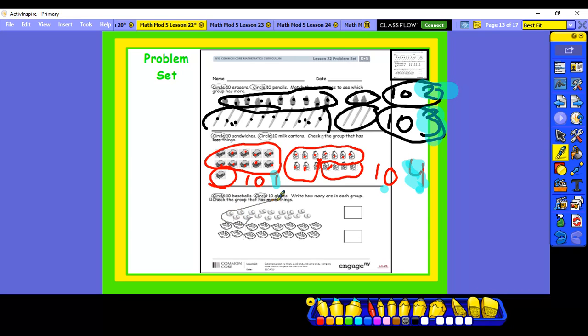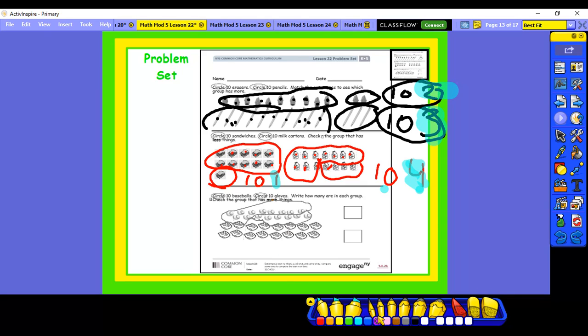I have a group of 10 baseballs and some leftovers. Oops, gotta get that one in there. You have to be careful counting, especially when they're so little.